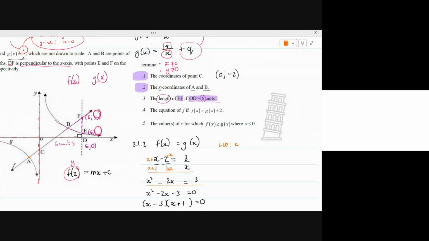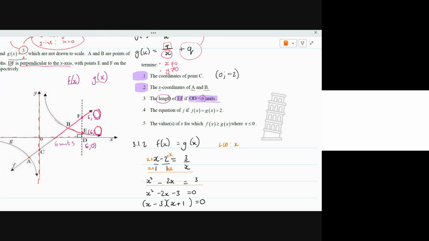That's what we're comparing. Now, if we want the length of EF, we know that the straight line at F is above the hyperbola. Good, Narisha, there it is. The straight line is above the hyperbola.